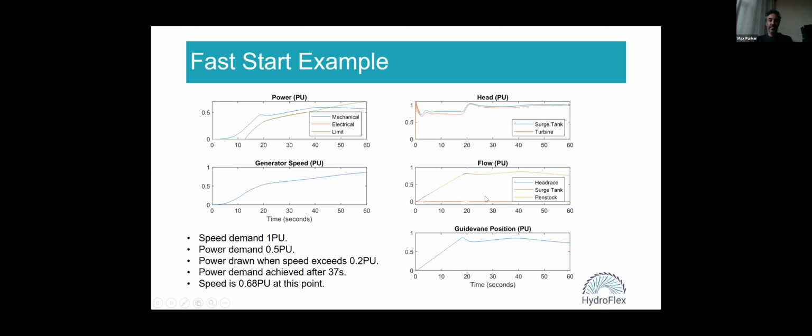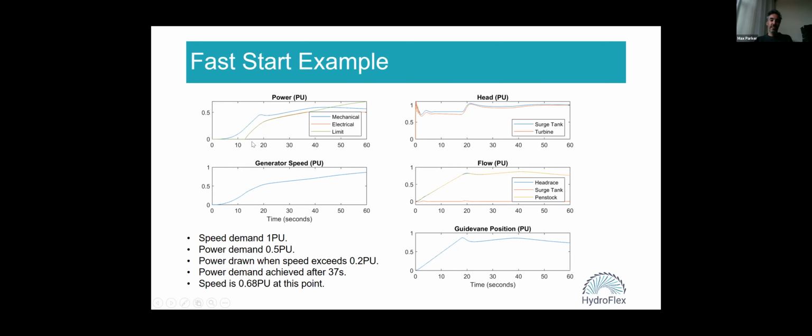So this is an example of fast start. So speed demand, you are asking for full speed, but only 50% power. The system's set so that the power is drawn once the generator speed exceeds 20%.